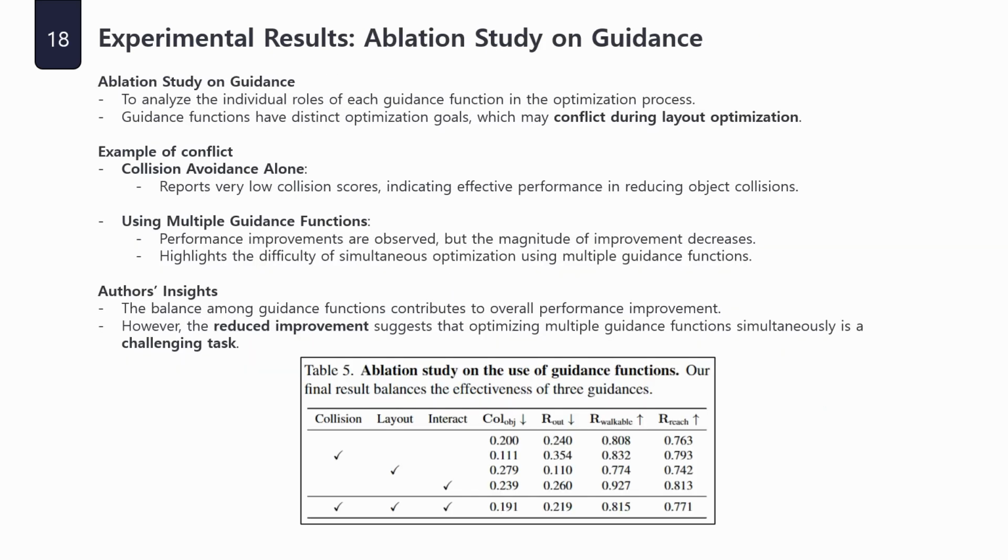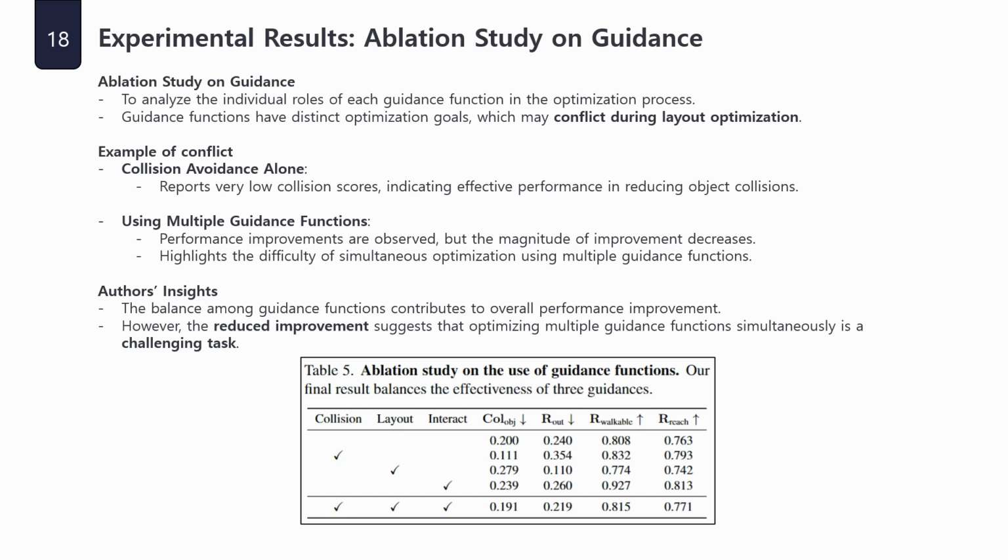To analyze the roles of each guidance function, an ablation study was conducted on the guidance functions. Since the guidance functions have different optimization objectives, they perform distinct roles during the layout optimization process, which can sometimes interfere with one another. In the experimental results, using only collision avoidance reports very low collision scores.